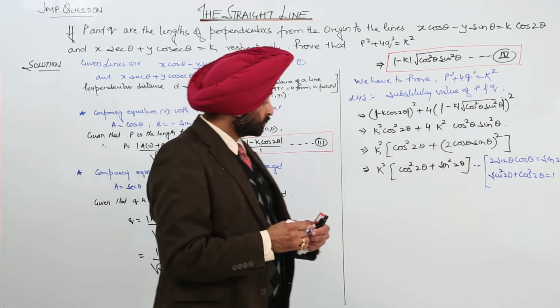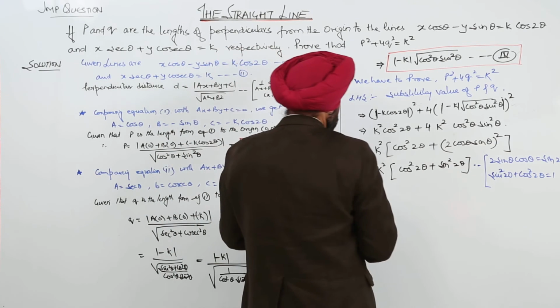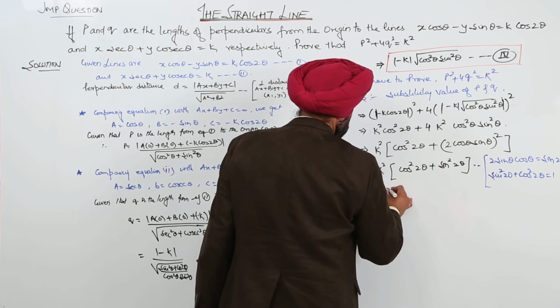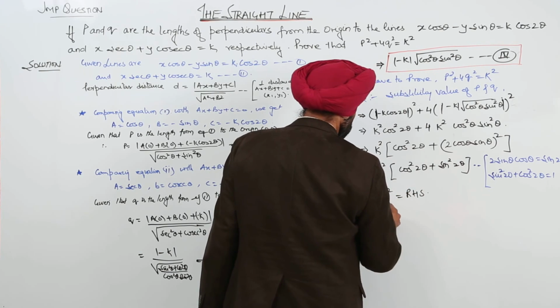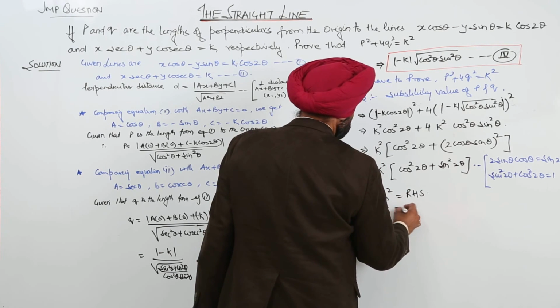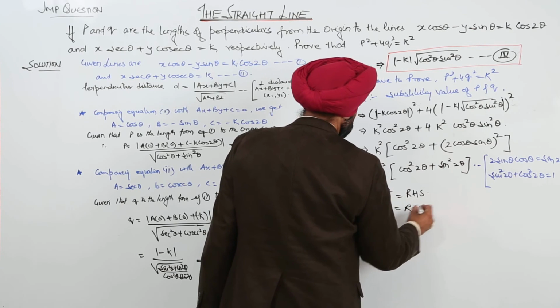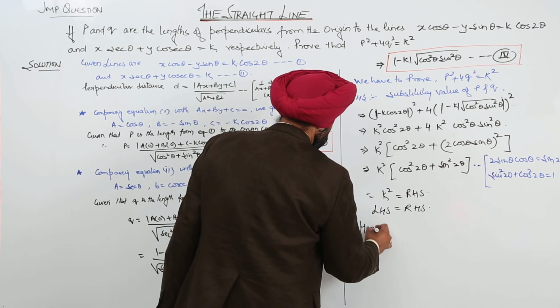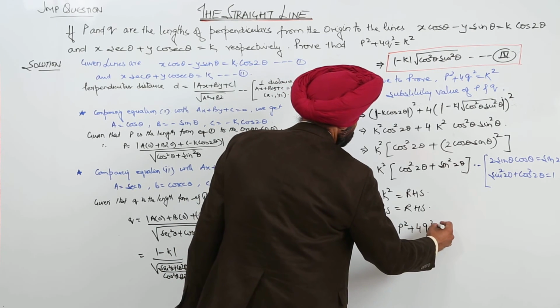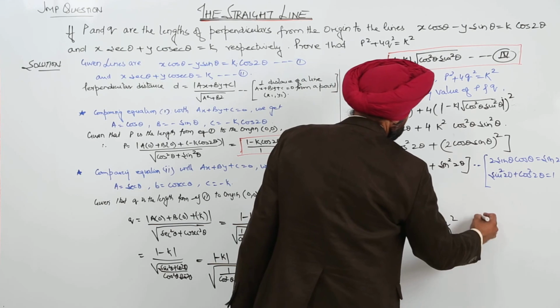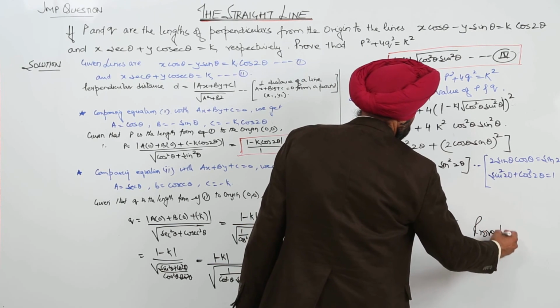Is it clear? So we are using these two identities, and finally what is left is k square, which is equal to the right hand side. Now left hand side is equal to right hand side, hence p square plus 4q square is equal to k square. Proved.